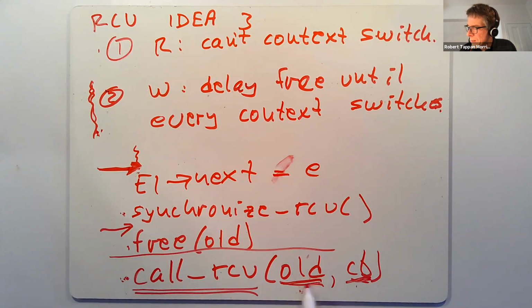Each list element has a pointer in it to an object that should be freed. And so under extreme circumstances, if you're not careful, a lot of calls to call RCU can run a system out of memory, because all the memory ends up on this list of deferred frees. So people don't like to use this if they don't have to. Okay.